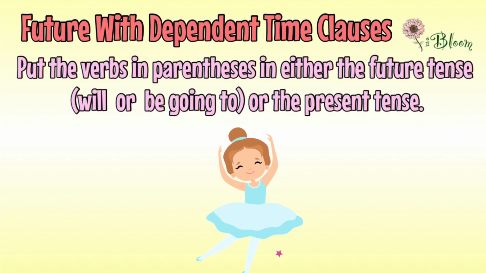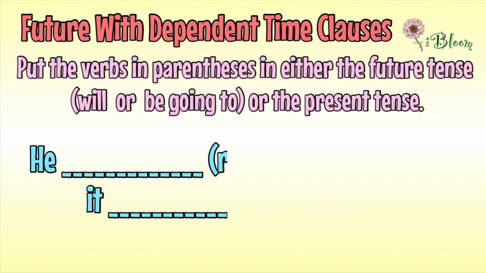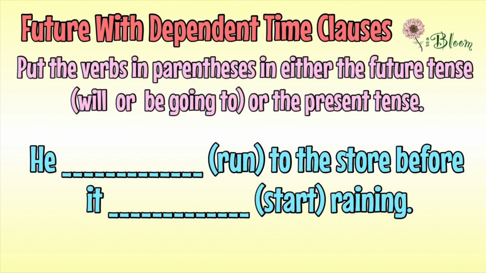Now, the last point of our lesson. Put the verbs in parentheses in either the future tense, will or be going to, or the present tense. He ran to the store before it start raining. Can you change the verbs here or put the verbs in the correct form?